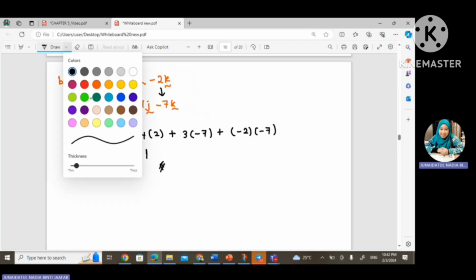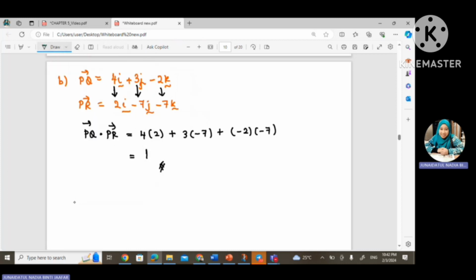The magnitude of PQ is equal to the square root of 4 squared plus 3 squared plus negative 2 squared. So the magnitude of PQ is square root of 29.